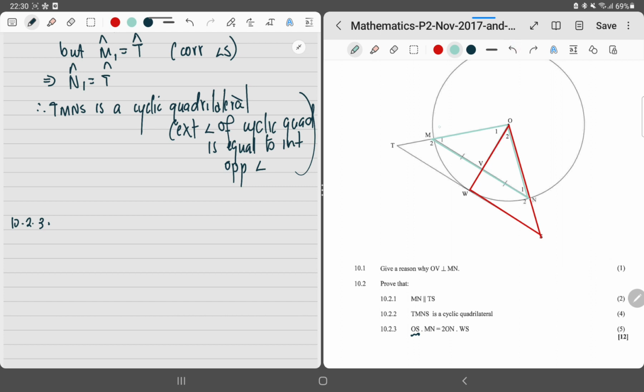I don't think it's triangle OMN, and this is simply because I don't have a 90 degrees there, because I will need to prove that the two triangles are similar. So if I choose OMN, I won't have the 90 degrees to match this. So I think it will be the other triangle.